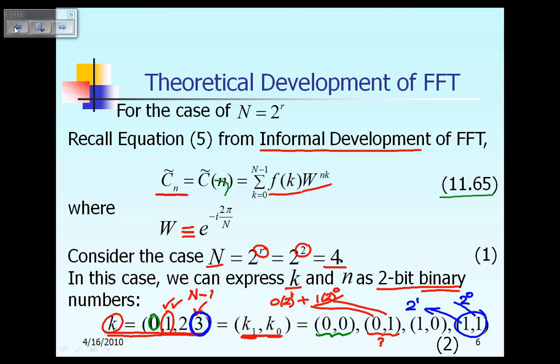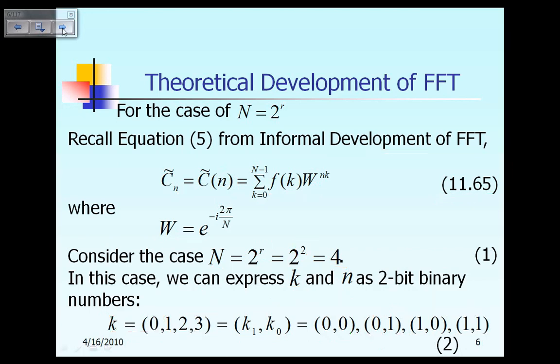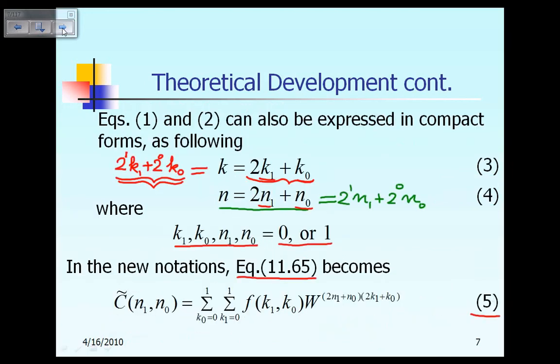Whenever you see the index k, we replace it by the new formula for k. So we look at that equation and we just replace the values of n and k by the new formulas for n and k. By doing that, as you can see, this is what we get.